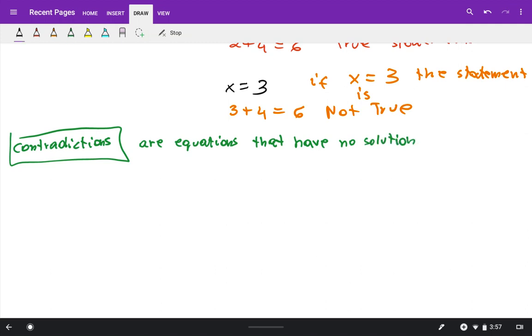And again, I will give you an example. x plus 1 should be equal to x plus 2. Okay, this is not true.